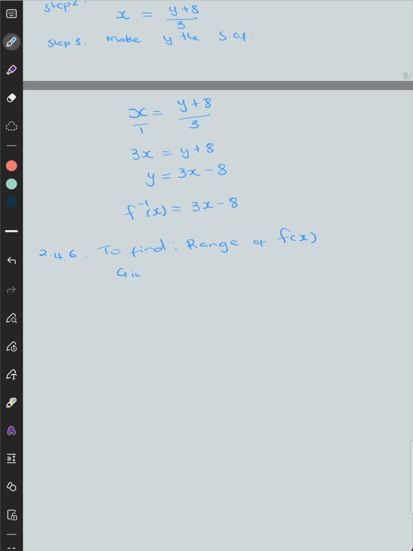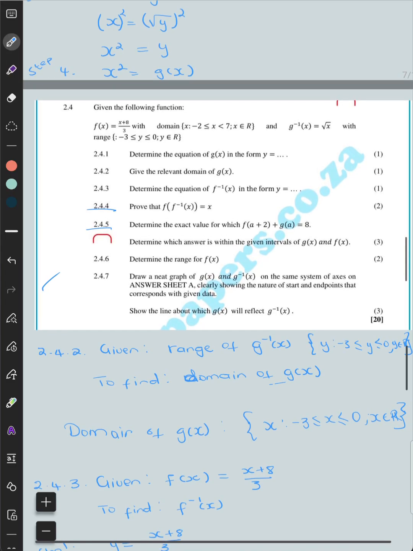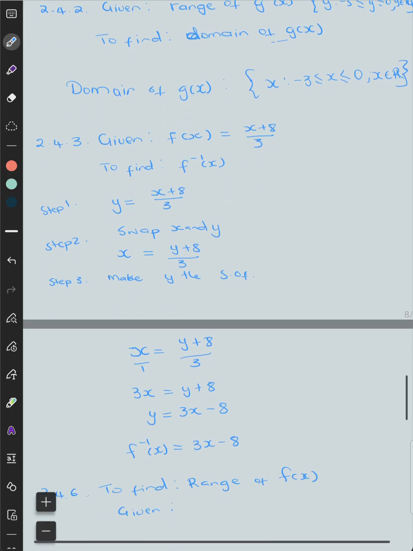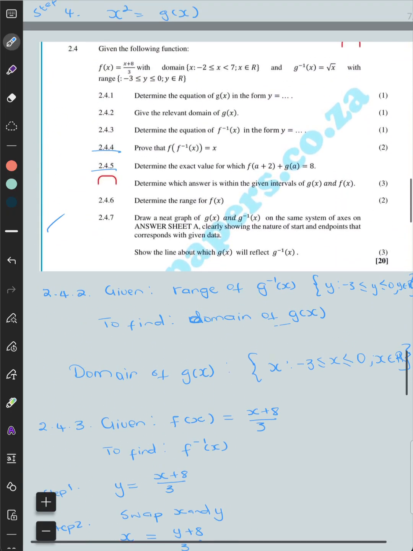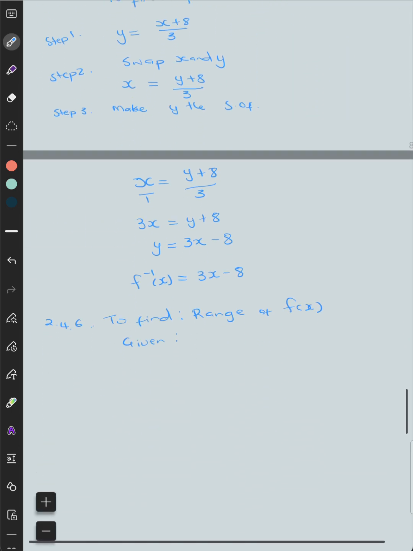What are we given though? Let's see. Oh, we're looking for the range of f of x. So the inverse is not involved, we are looking for the range of f of x. Okay, let's look at that.